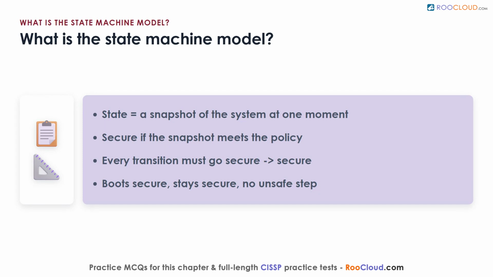If every possible transition leads from one secure state to another secure state, you have a secure state machine. Such a system boots secure, stays secure through every change, and never allows an unsafe step. Many other models build on this foundation. Think of a chess game where every legal move only ever leads to another legal position. You can never reach an illegal board.